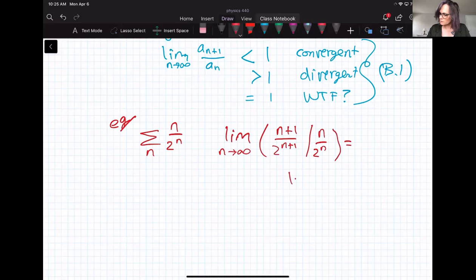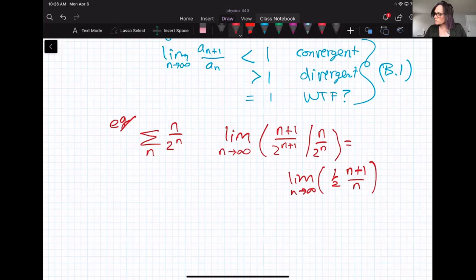And that equals the limit of 1/2 times n plus 1 over n. And as n goes to infinity, the n terms cancel, right? And that equals 1/2. And so this is an example of a convergent series.